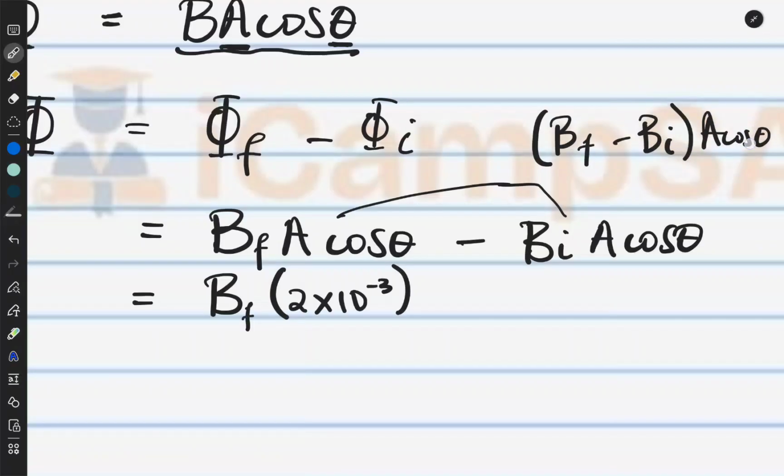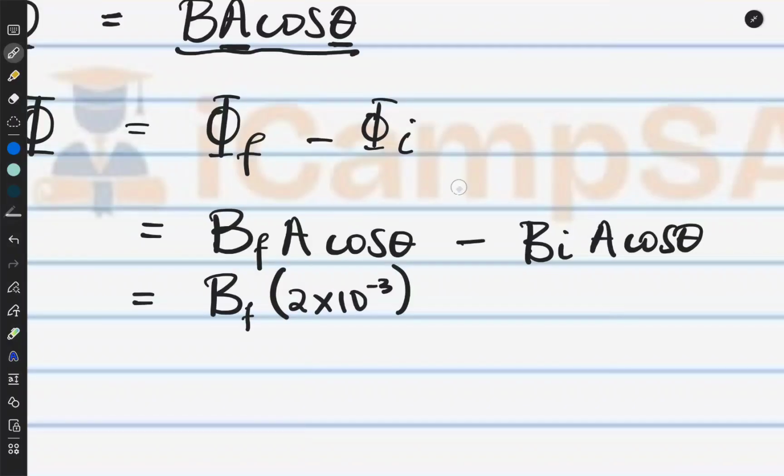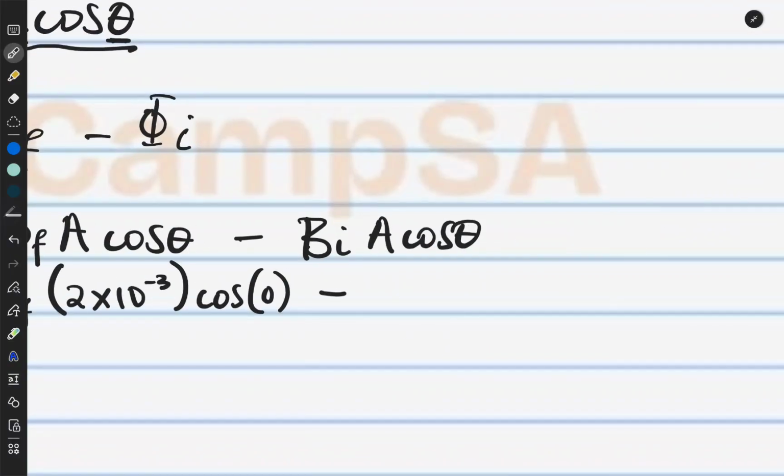You could have done it like that, but let's just continue in this fashion. And then we said theta is 0. So we'll have cos 0 minus, we said BI is 0 because we assume that the coil was initially outside the magnetic field. We have area. Area is 2 times 10 to the power minus 3. And then we have cos theta, where theta is 0.